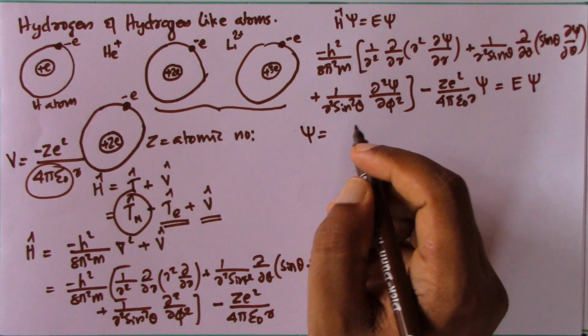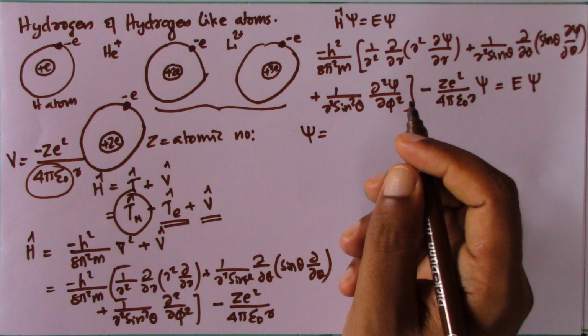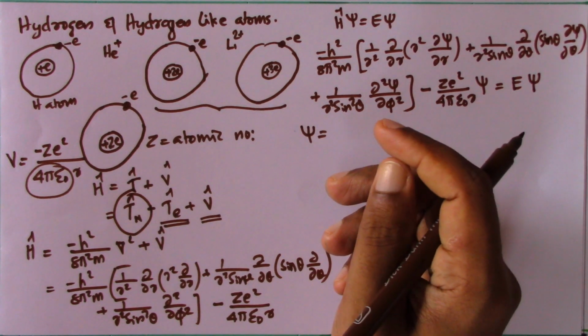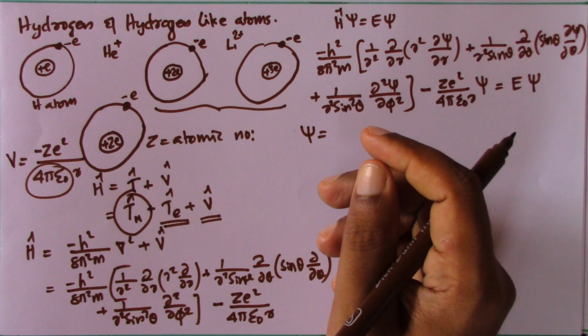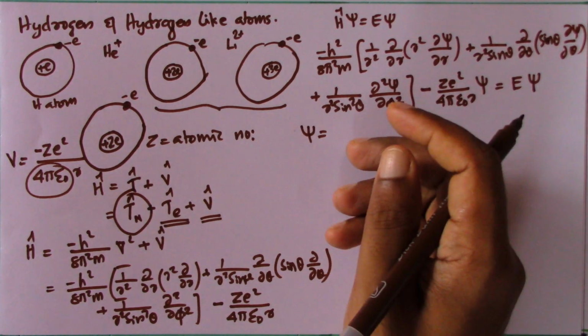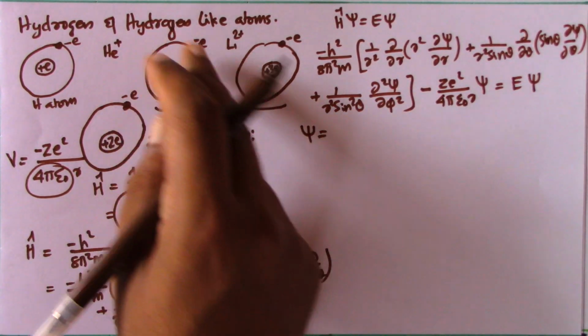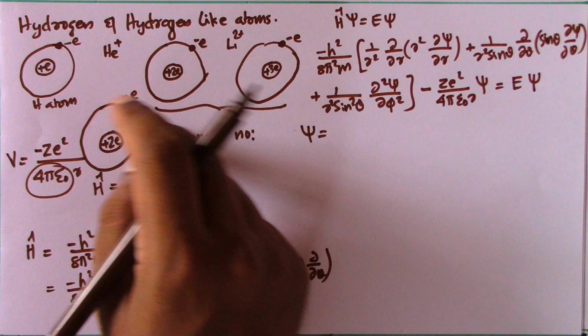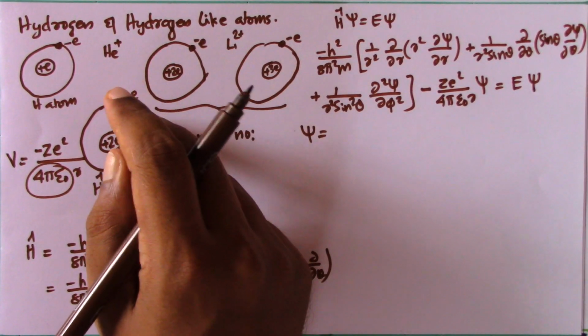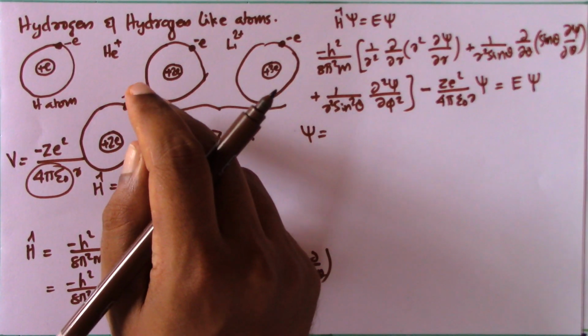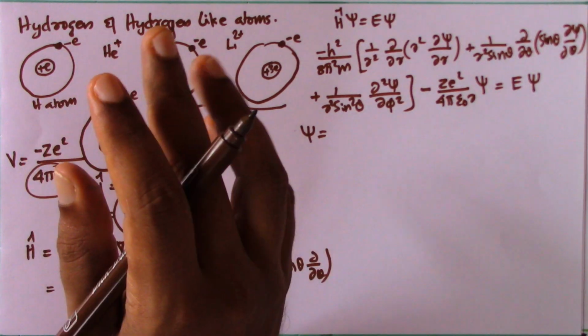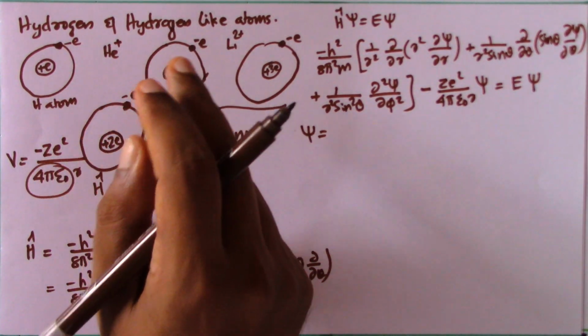R, theta and phi are the polar coordinates that we are using, right? So psi is the wave function corresponding to the electron, and the electron can be anywhere around the nucleus. Therefore, there is a range of r values possible for the electron.